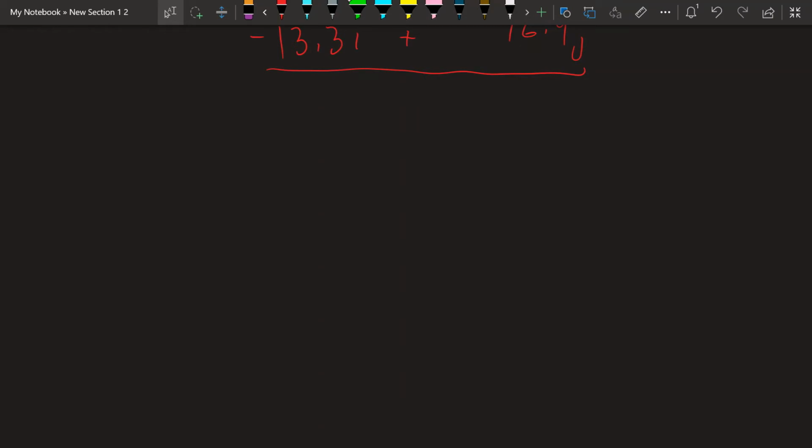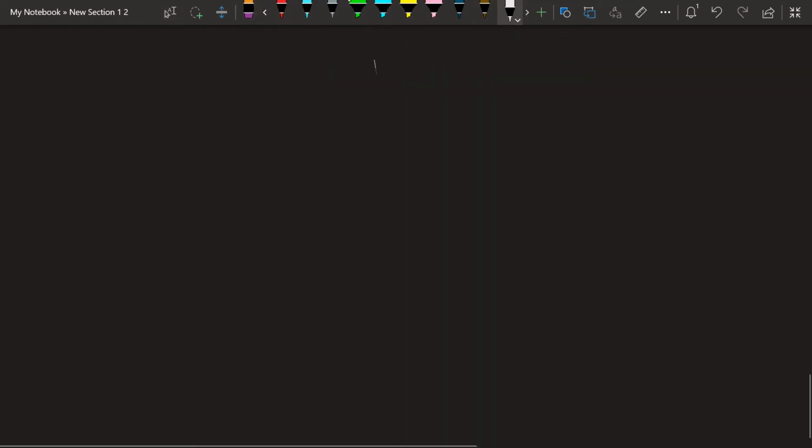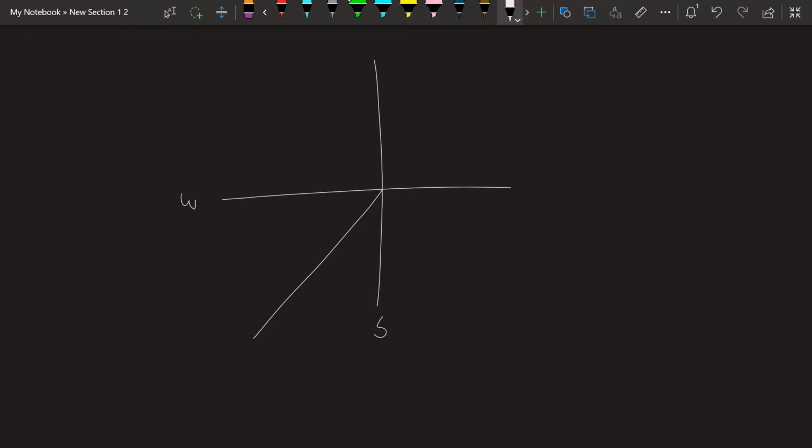It tells you have a point A, and it has a position vector of magnitude 15, and it's 30 degrees southwest. So it goes from south to west at 30 degrees. So let's draw this. From south to west at 30 degrees, right?